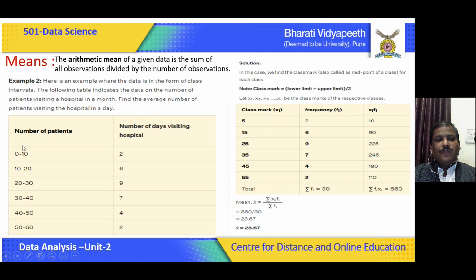We cannot calculate with range values, so you have to find the middle value, or the average value, that is 0 plus 10 divided by 2, then 10 plus 20 divided by 2. So you will have this value. So 5.